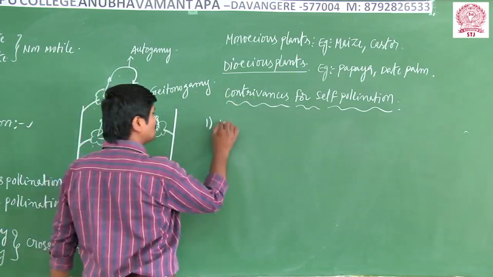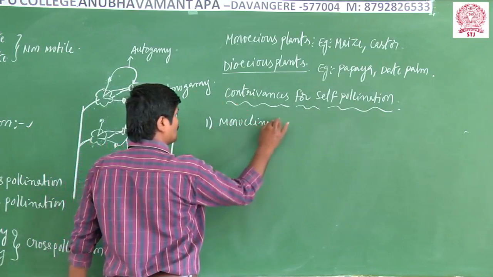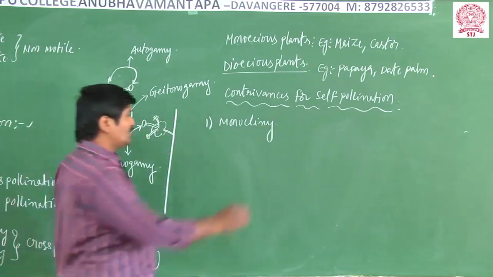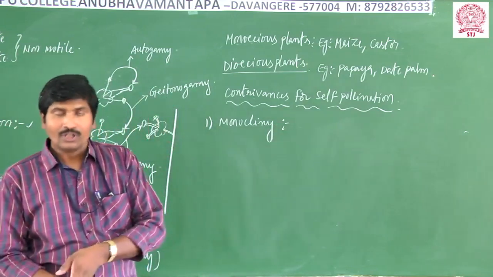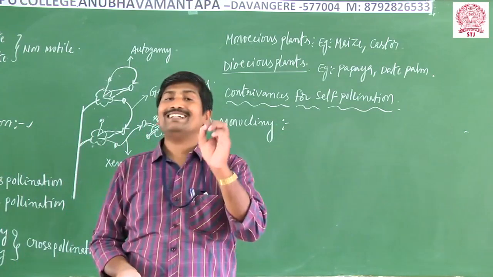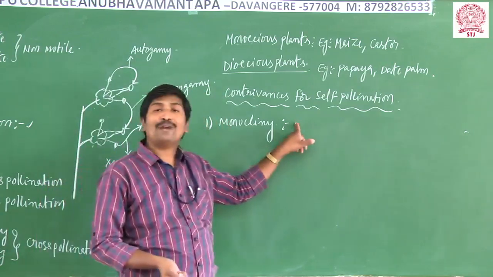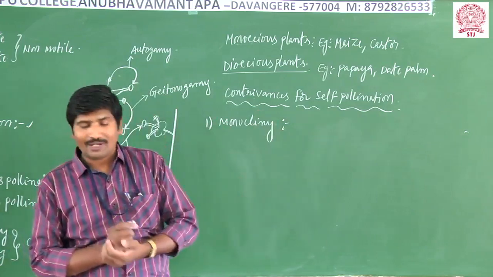First one, monoclinyl. What is the meaning here? Mono means one. Here, bisexual flowers. What is meant by bisexual flowers?